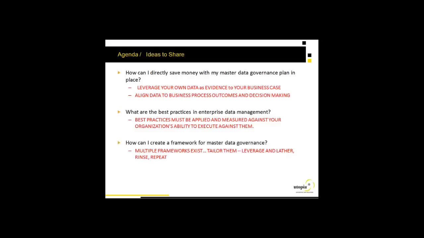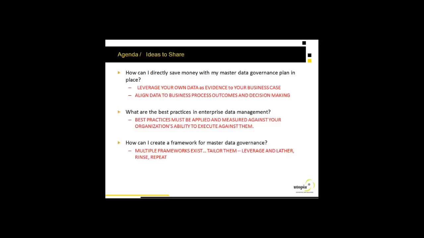And then how do I create a framework for master data governance? I shared with you a reference architecture on applications and systems and business processes aligned to data management. But then I also showed a data lifecycle framework that says look at the lifecycle of data from creation through archival.